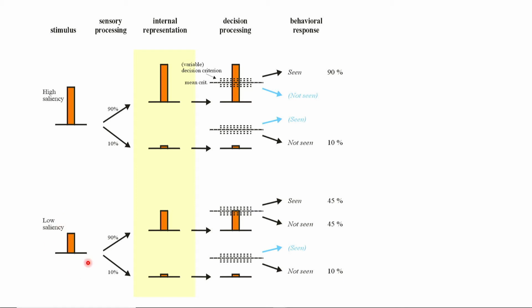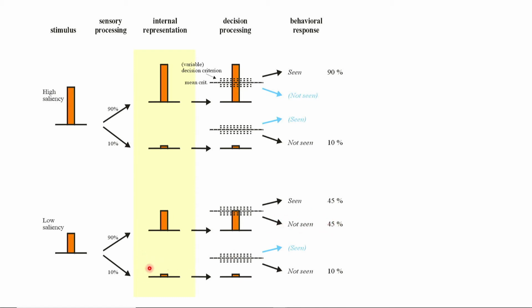But now look at what happens if you have a low saliency stimulus and hence also a low saliency signal. Now this low saliency signal may be just around the decision threshold, and even though you have these recurrent interactions going on, they are a bit weaker because the stimulus is weaker. In these trials, depending on where the decision criterion happens to sit relative to the signal, the monkey may say, oh yeah, I saw it, so he gives a seen response, or he gives a not seen response.